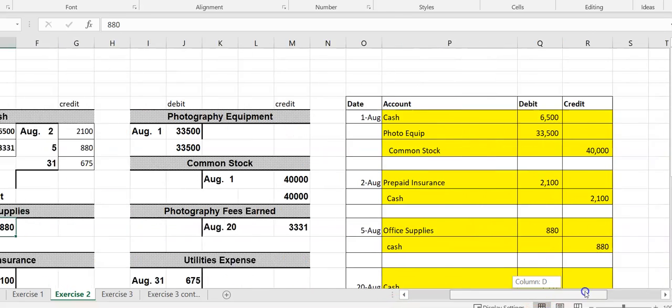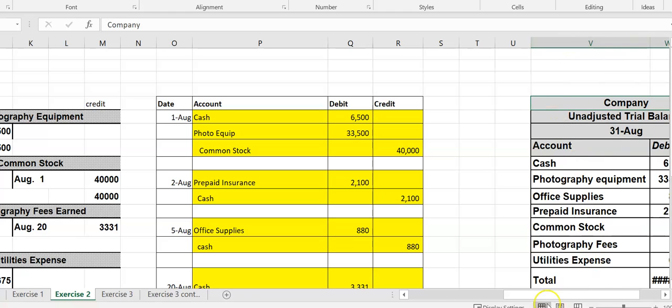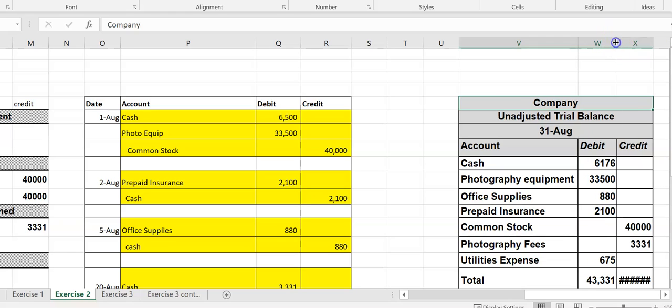Then you pull this off into a trial balance, which I kind of messed up for you. Let's see if I can fix it. I guess I can. So you pull these off and make sure things balance.